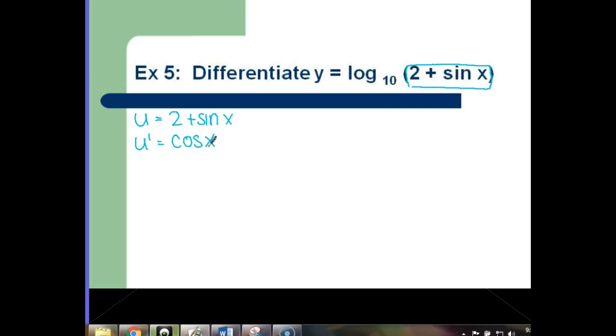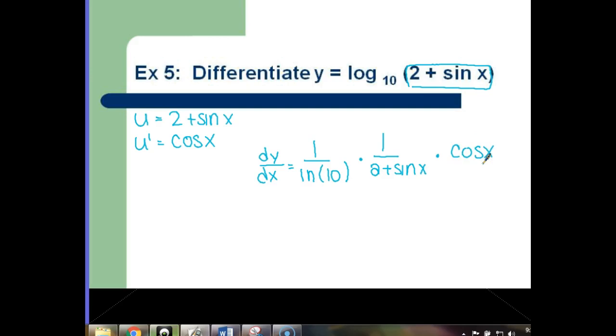So then the derivative of this problem is 1 over ln a, where a is the base of the log. So it's 1 over ln 10 times 1 over u, which is the inside of the log, times the derivative of the inside, which is cosine.